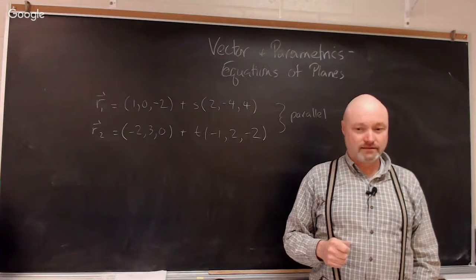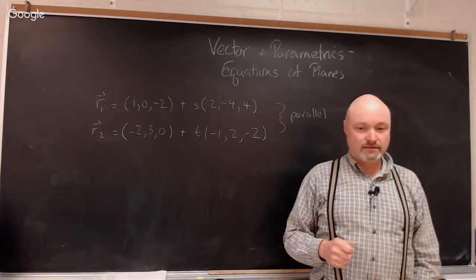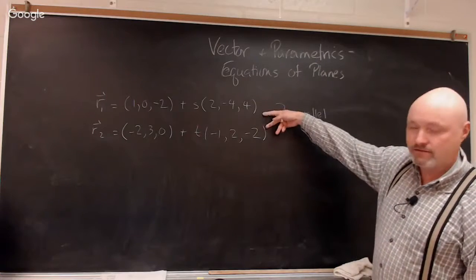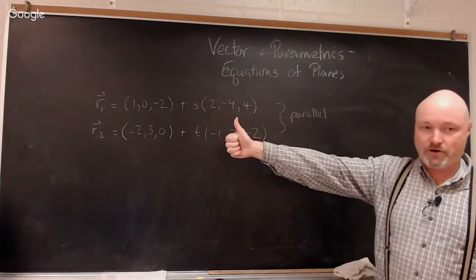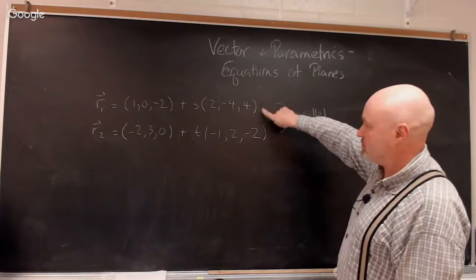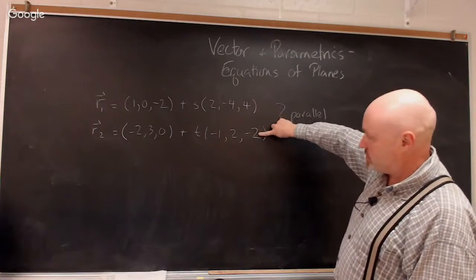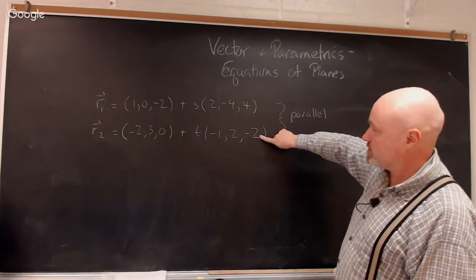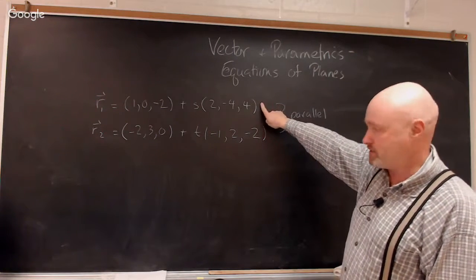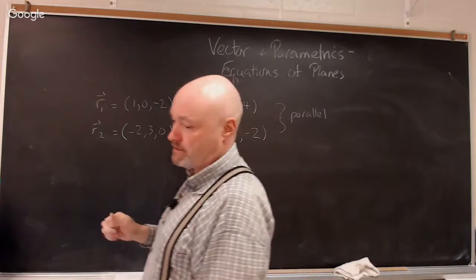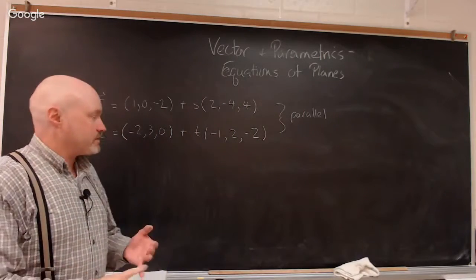The direction vectors are scalar multiples of each other. Yeah, right on. They're scalar multiples. -2 times this direction vector. So I take that direction vector, multiply it by -2, I get that direction vector. These are two parallel lines based on their direction vectors.